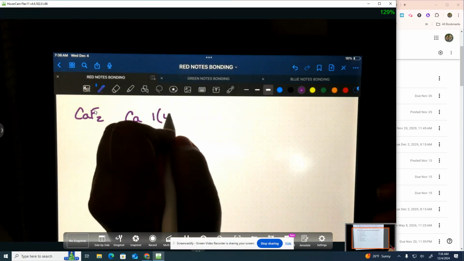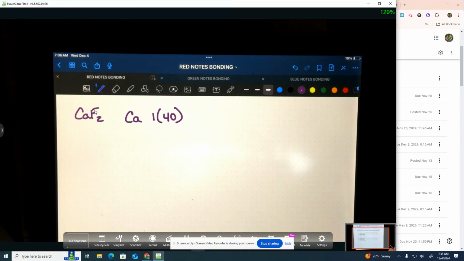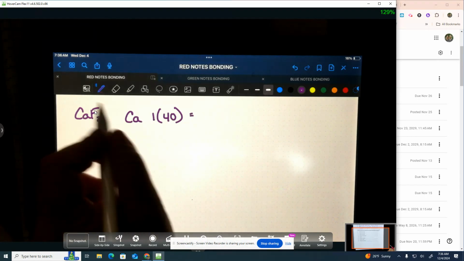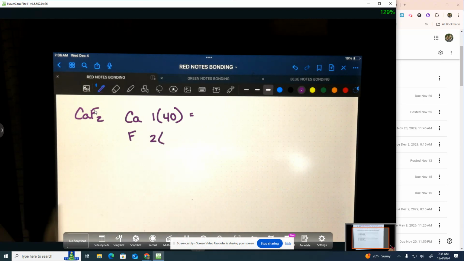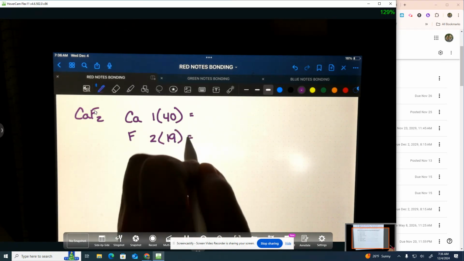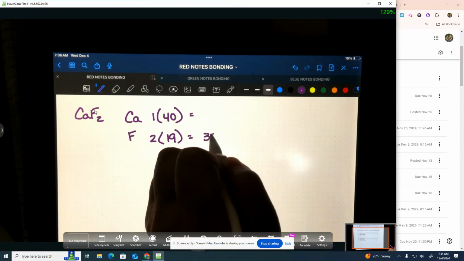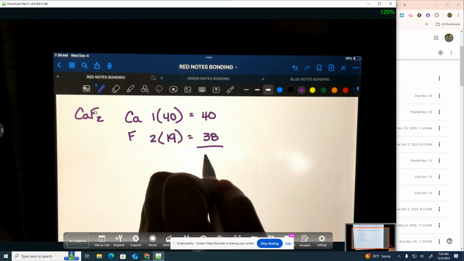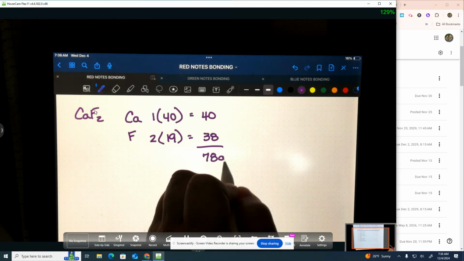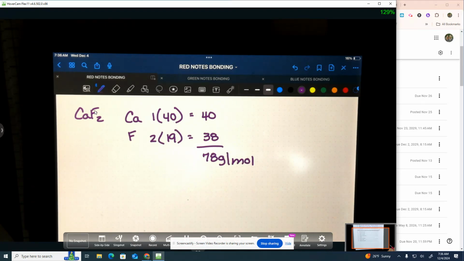And calcium weighs 40. Okay. But the calcium fluoride, how much does it weigh? Fluorine, there's 2 of them. And they're 19 apiece, which is going to be 38, right? 19 and 19 is 38. 40. So 78 grams per mole.